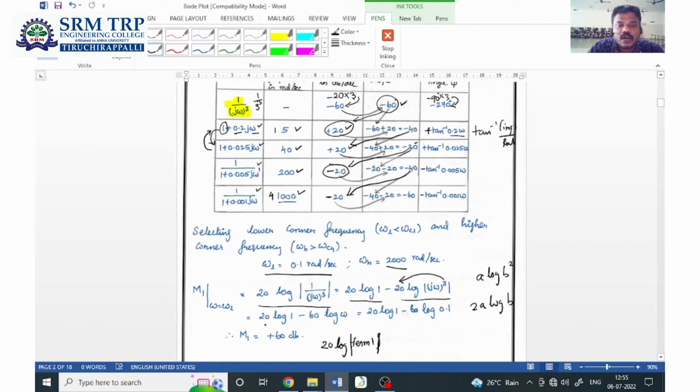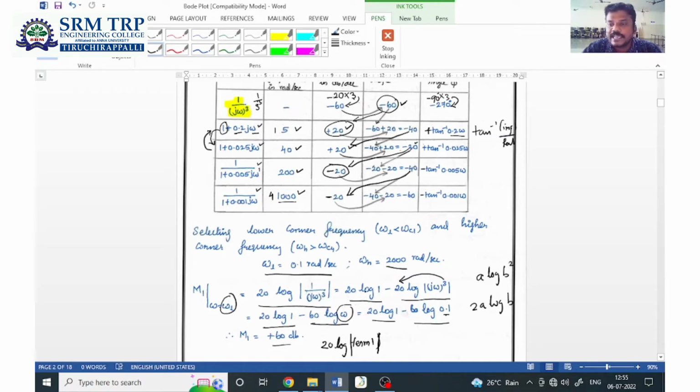That is how this term is written: 20 log 1 minus 60 log omega. By multiplying this 3 with my 20 we get 60. So finally 20 log 1 minus 60 log 0.1. The omega value for the first magnitude is omega L. I have chosen omega L as 0.1, so that 0.1 is substituted and the first magnitude is determined.